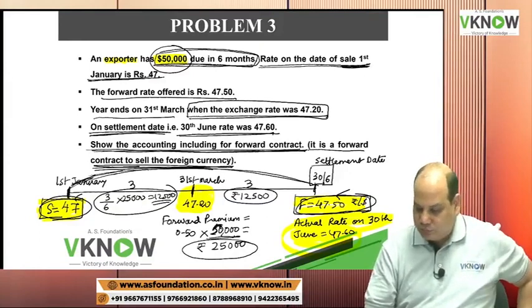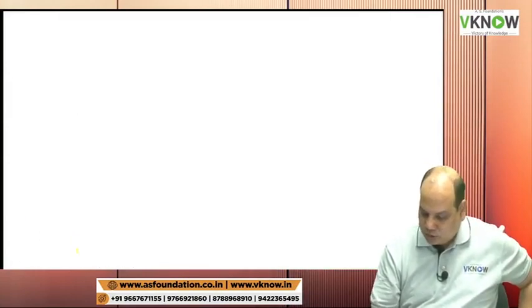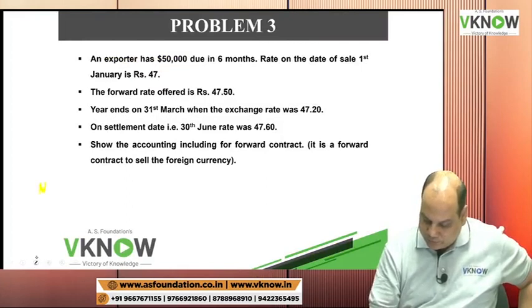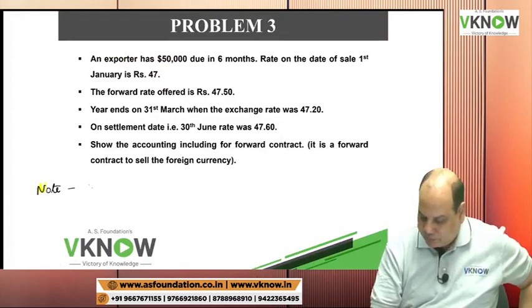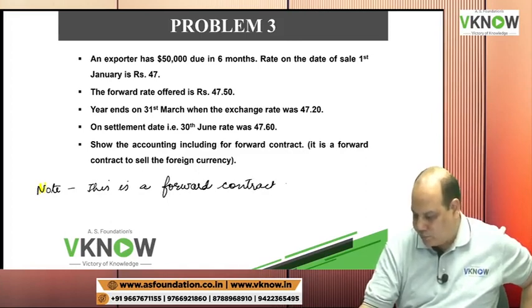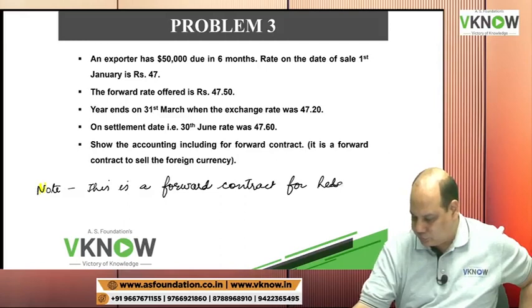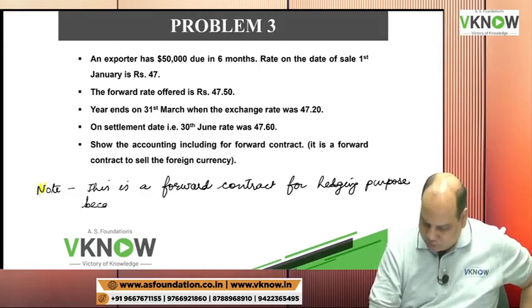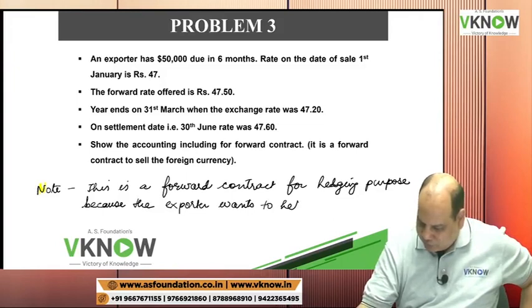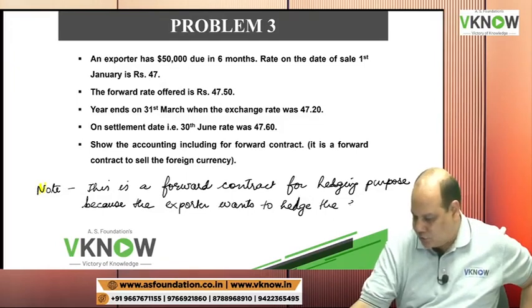Okay. So first write down a note. This is a forward contract for hedging purpose, because the exporter wants to hedge the exchange risk.